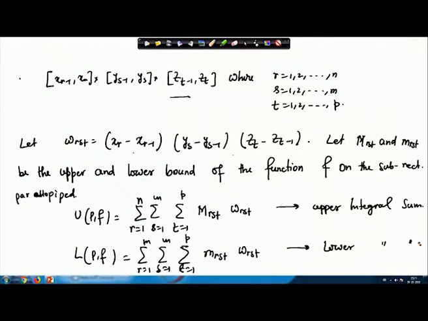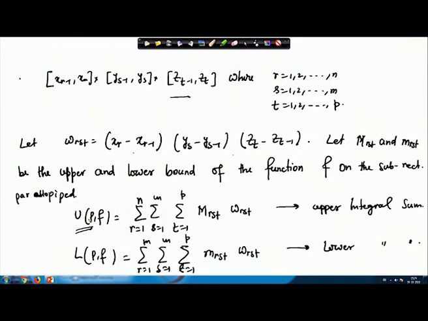Now, as for the function of one variable or two variables, the infimum of all such upper integral sums for all the partitions is basically called the upper integral.